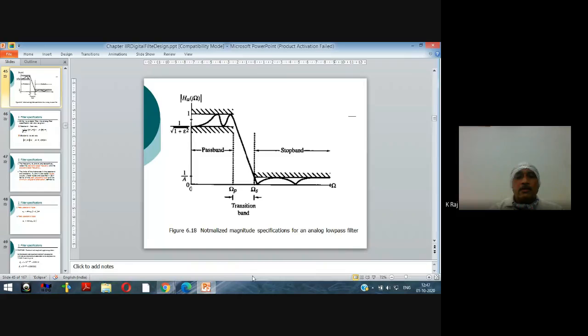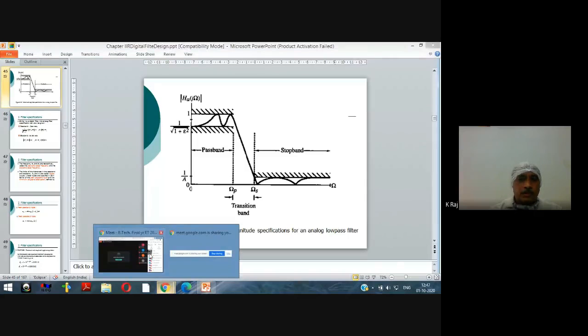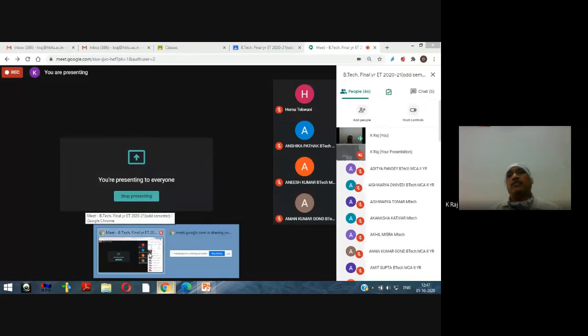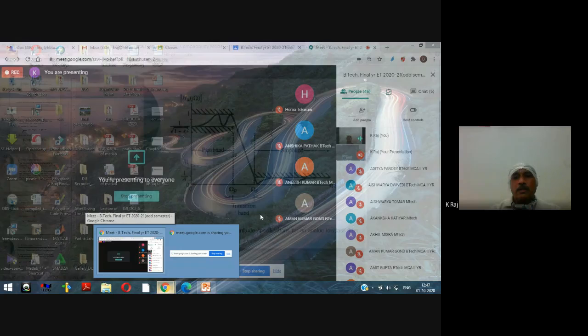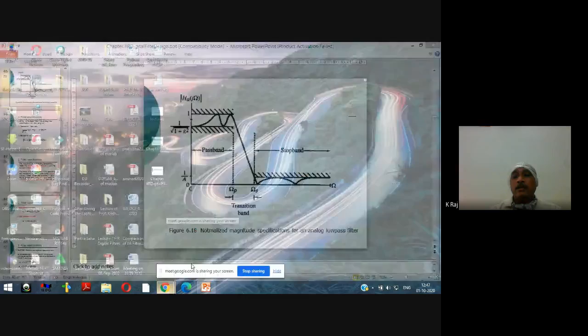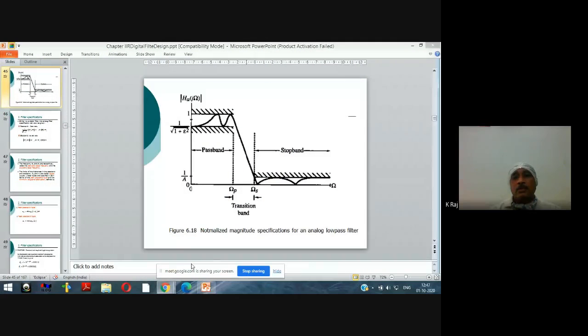I think we have covered the design of the FIR filter using the window method, and we are now covering the design method of the IIR filter, that is, how the filter is designed in the analog domain and then transformed into the digital domain.